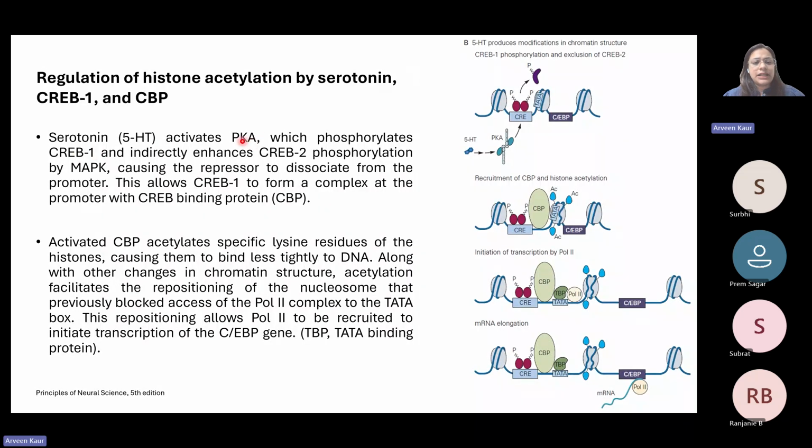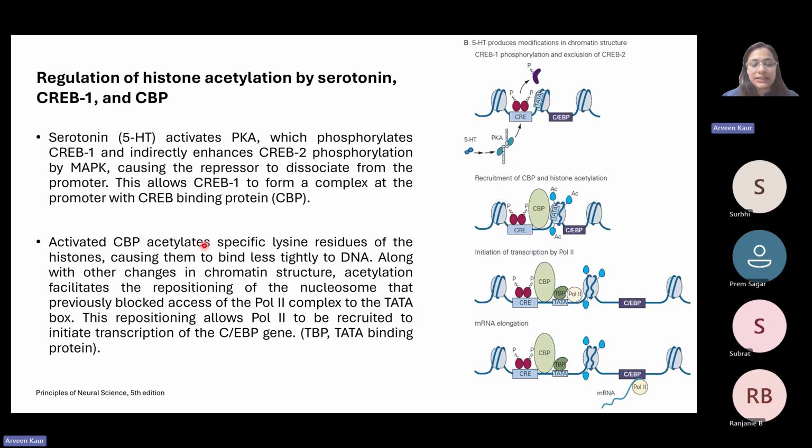Serotonin activates PKA, which phosphorylates CREB1, and indirectly enhances CREB2 phosphorylation by MAPK, causing the repressor to dissociate from the promoter. This allows CREB1 to form a complex at the promoter with CREB binding protein, CBP, right? This is recruitment of CBP.